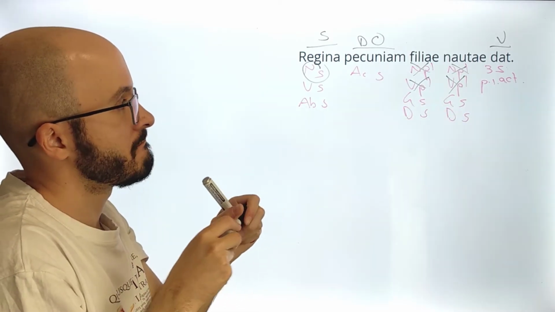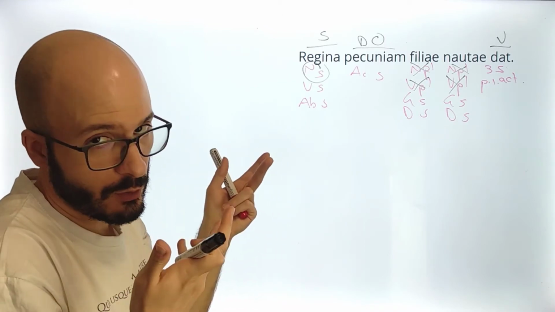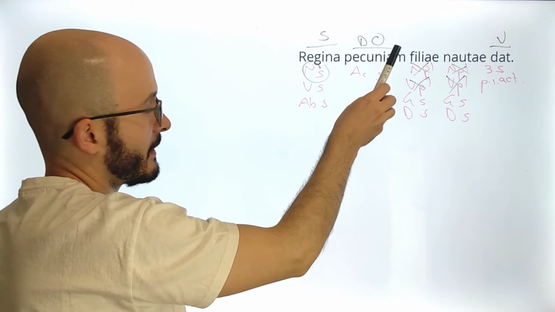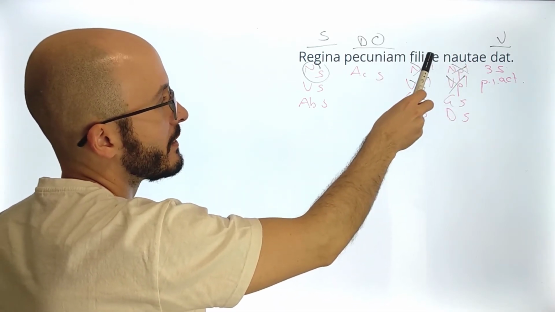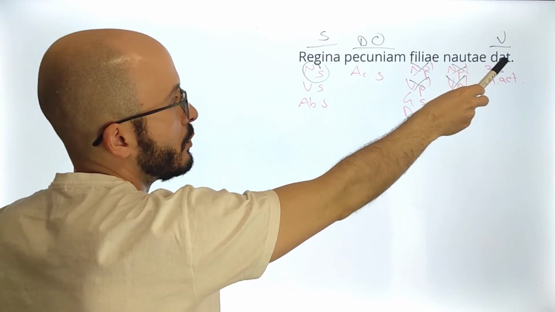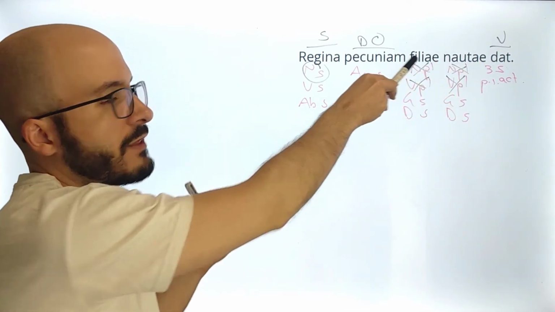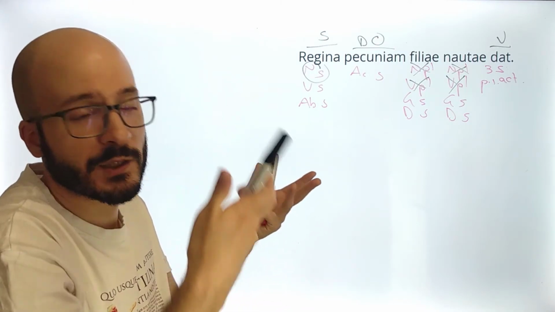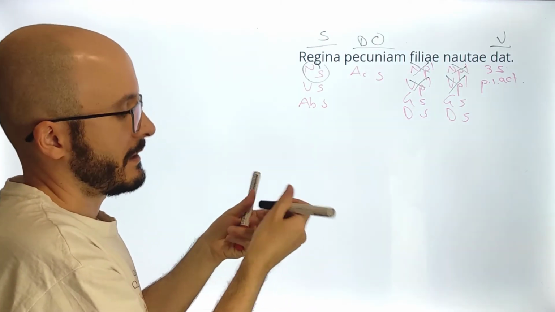Now, it could actually be both, as we are going to see. The queen gives money to the daughter of the sailor, or to the sailor of the daughter. Of course, the first option makes more sense, okay?